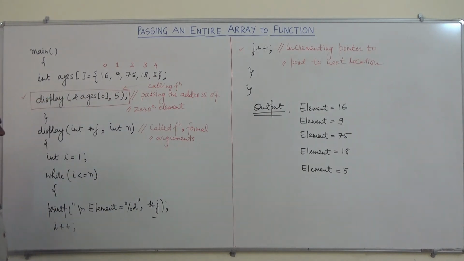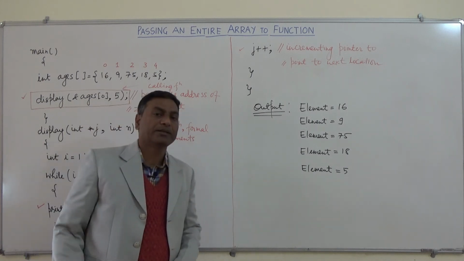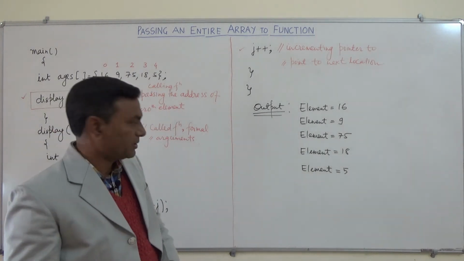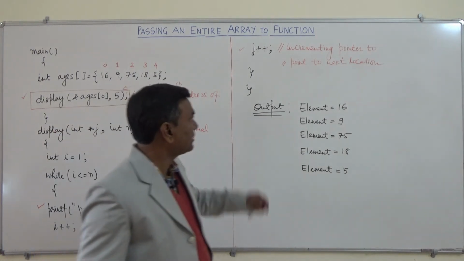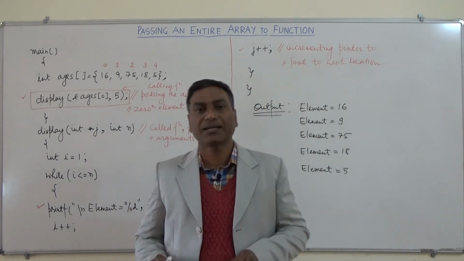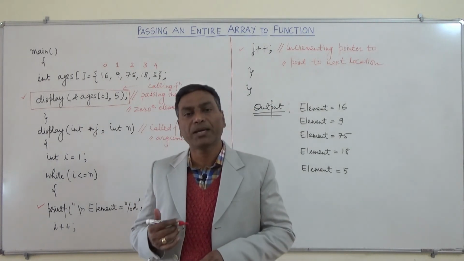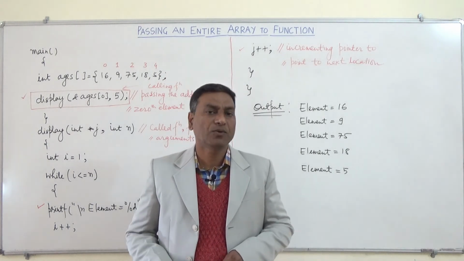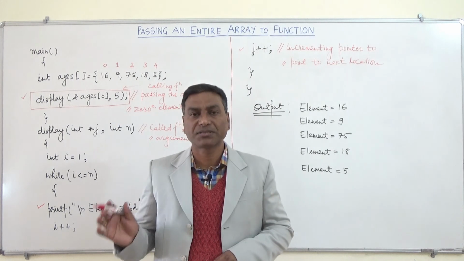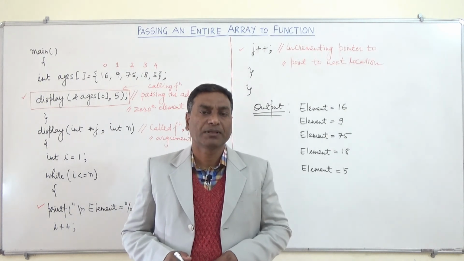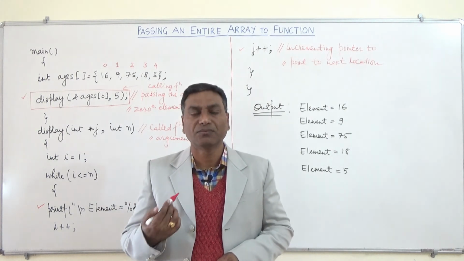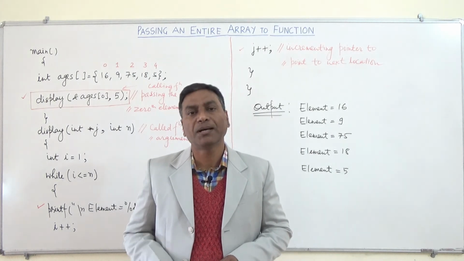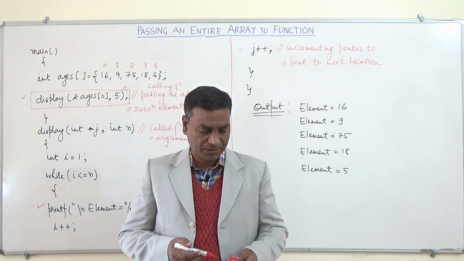And here we are printing the value at address j. In this way we can print all these values. So in this program we have seen how we can pass the entire array. I hope that you would be definitely benefited from this video. In the next lecture, we will see some more interesting concepts of the pointer. So, thank you.